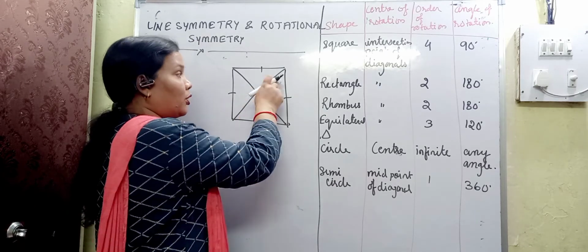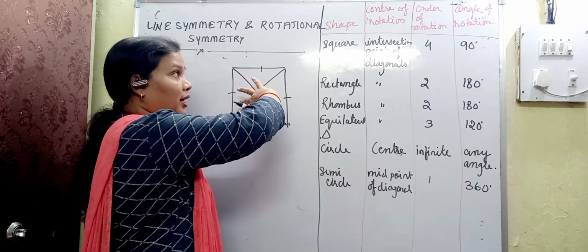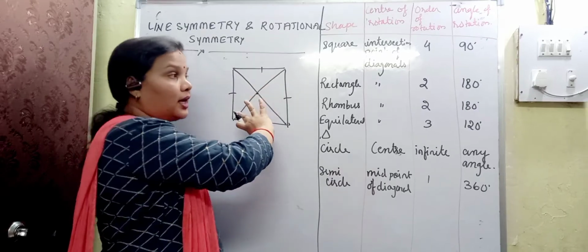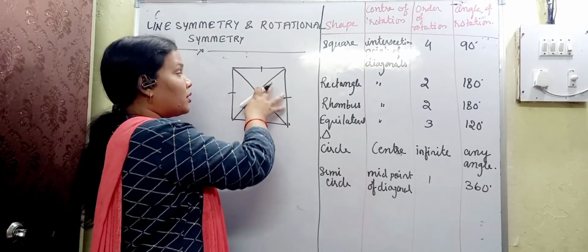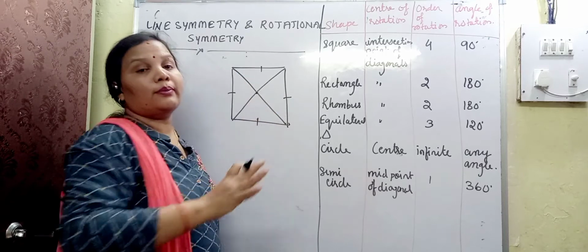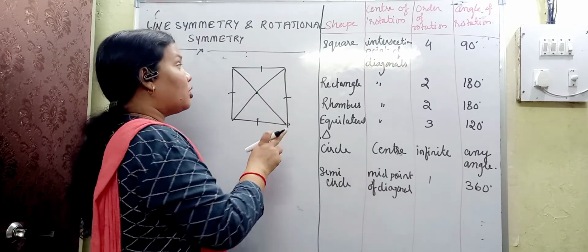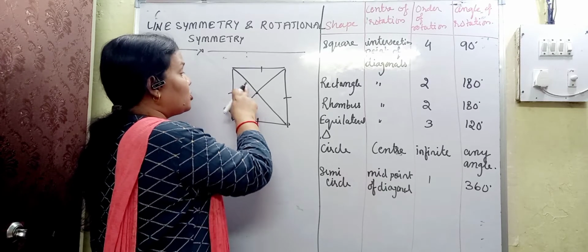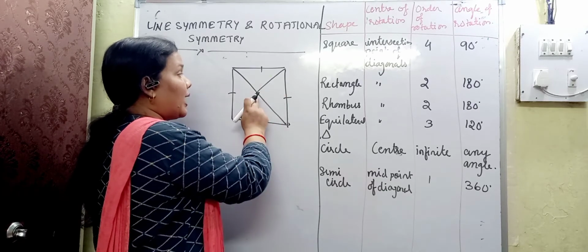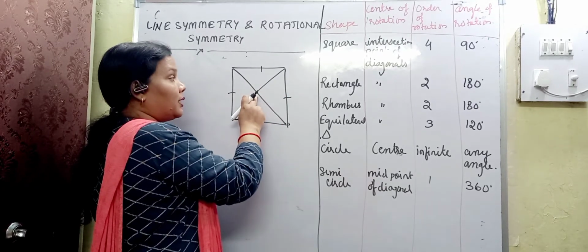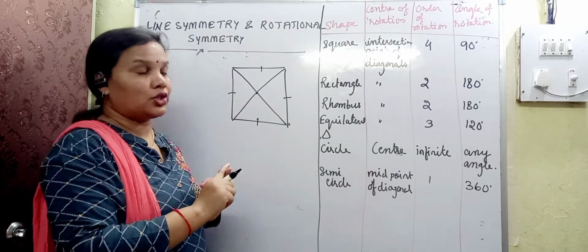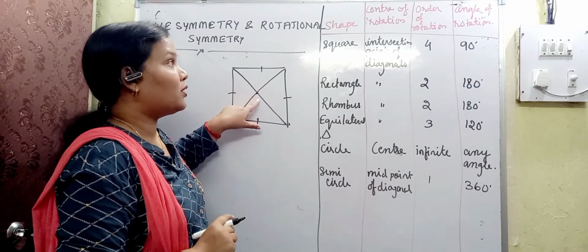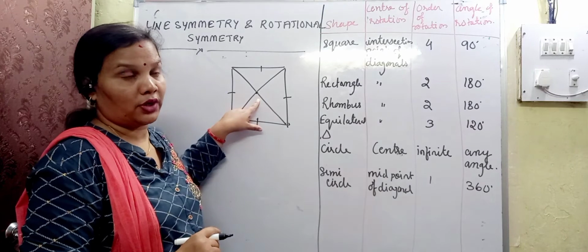The intersection point of the diagonals is the point about which I rotate it, and after a particular angle we get the same figure. So the center of rotation for a square is the intersection point of the diagonals, where they cut each other.